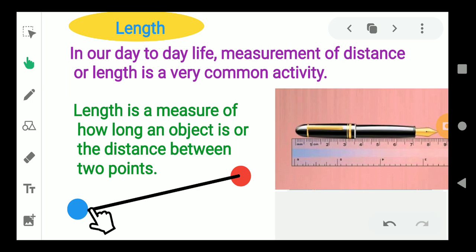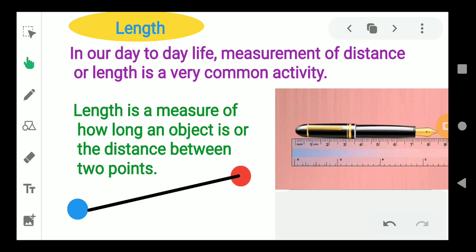This object is how far away from this. That is the meaning of distance. Length means how much is the measurement of this, how much is the expansion of this. Here you can see the length of a pen. It is almost 8.5 centimeter.